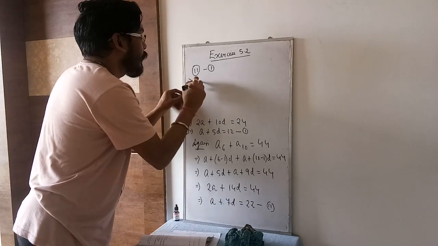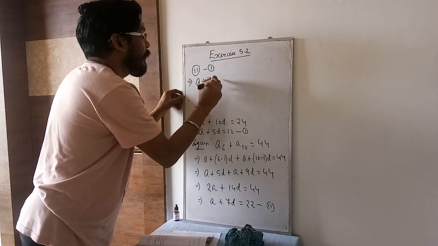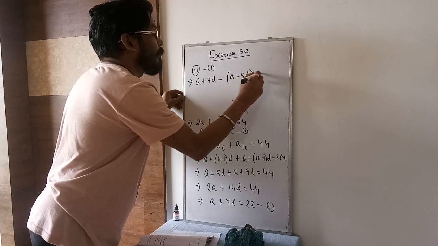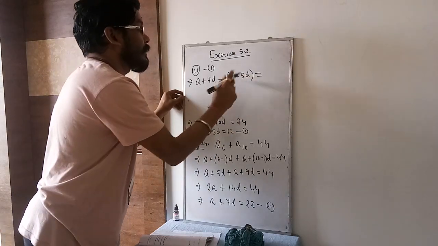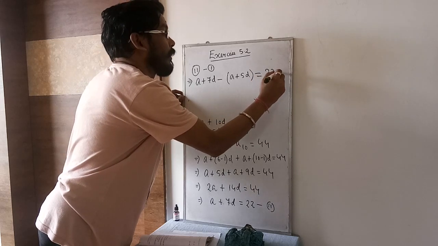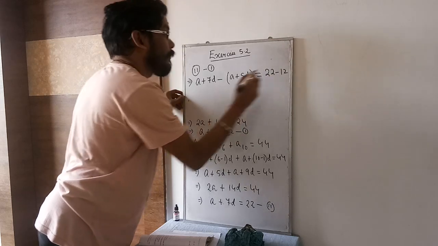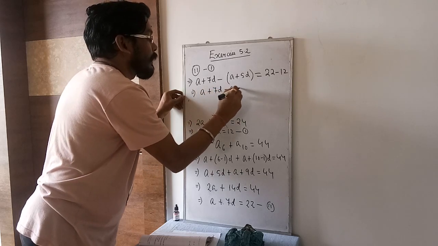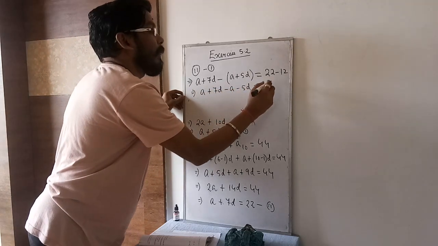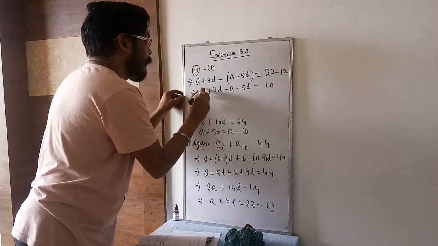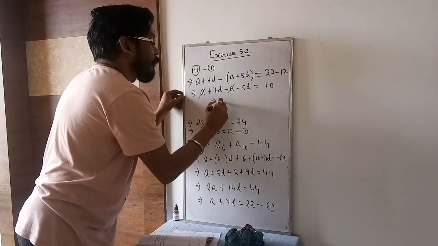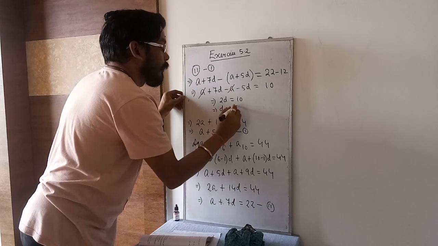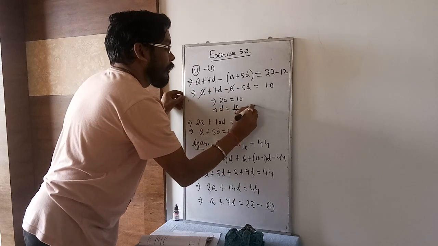So A plus 7D minus A minus 5D. A minus A cancel. So it is 2D equal to 10. D equal to 10 by 2 equal to 5.